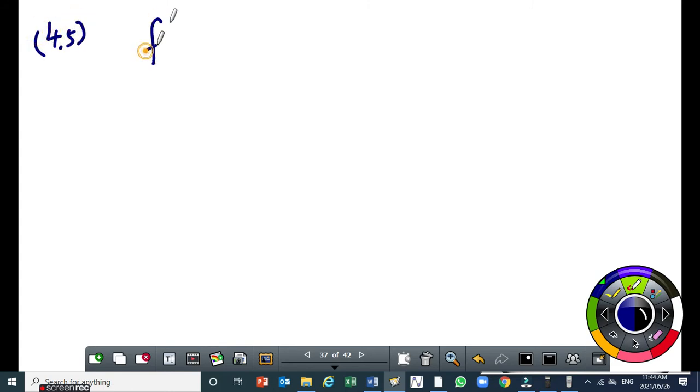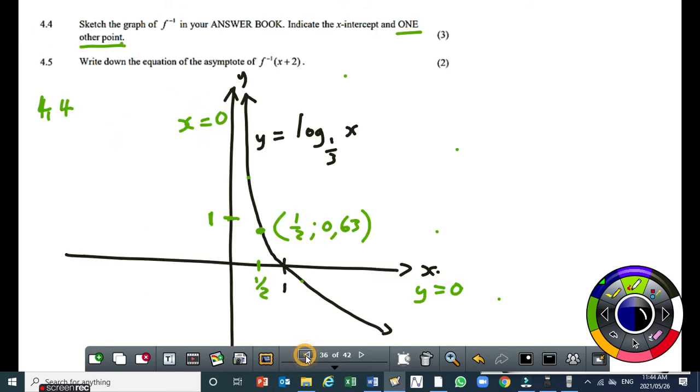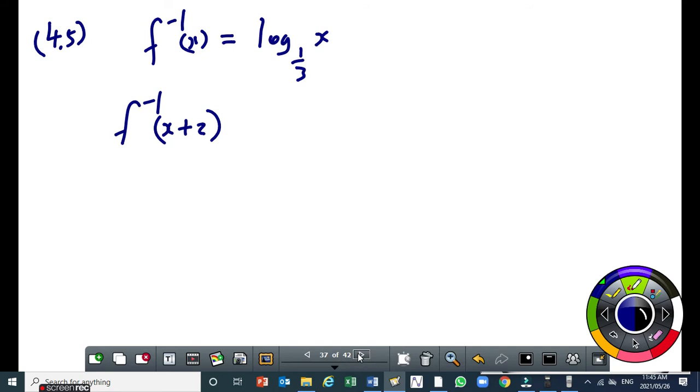So our inverse is f of x equal to the logarithm of x to a base of a third. Now, f inverse of x plus 2. In terms of horizontal shift, what does this mean?